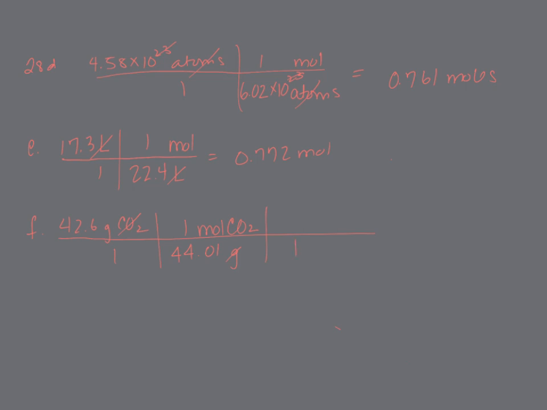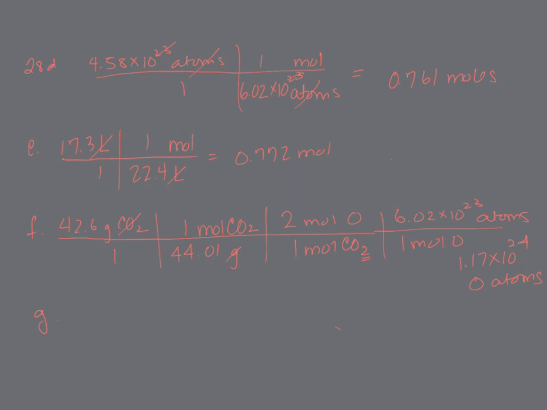So now I can go 1 mole of CO2 gives me 2 moles of oxygen, and I get that from that subscript. Then what I can do is I can convert to atoms. So 1 mole of oxygen has 6.02 times 10 to the 23rd atoms. And then when I hit that into my calculator, 1.17 times 10 to the 24th oxygen atoms.